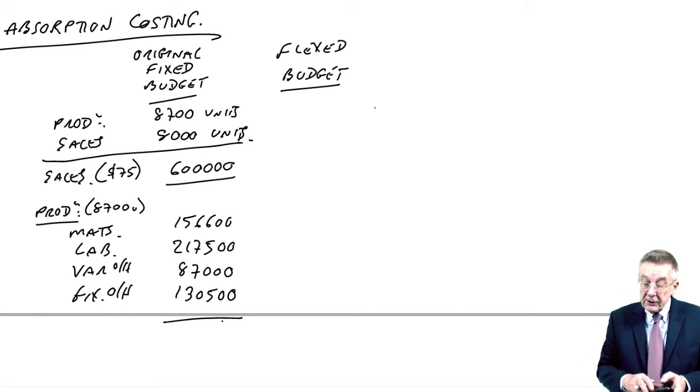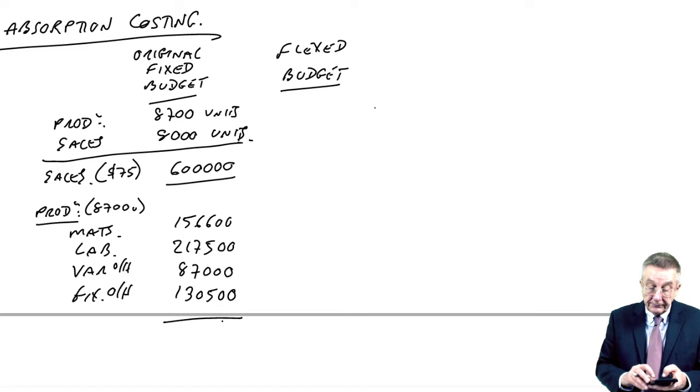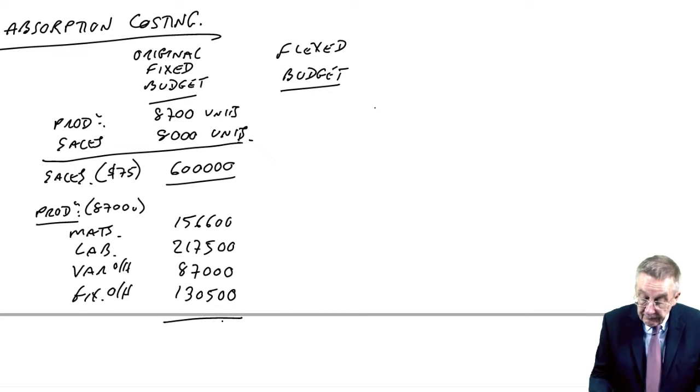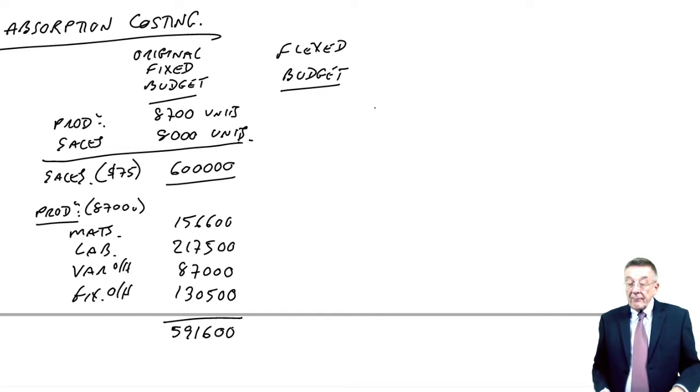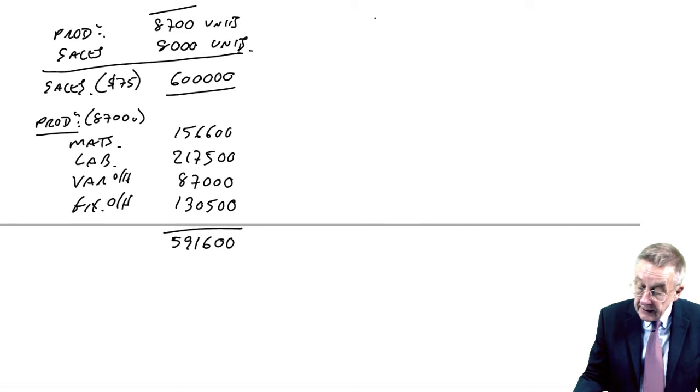So the total cost of production budgeted: 156,600, 217,500, 87,000, 130,500 is 591,600. And incidentally, obviously in exams only do what's required.